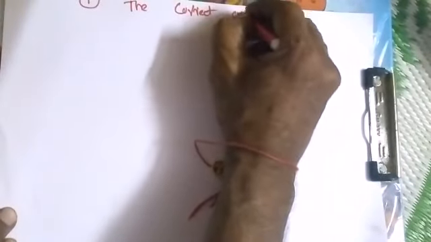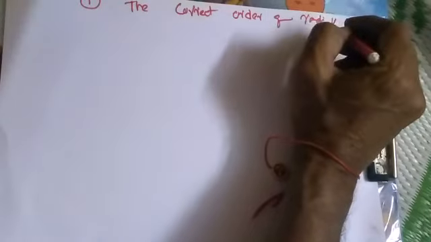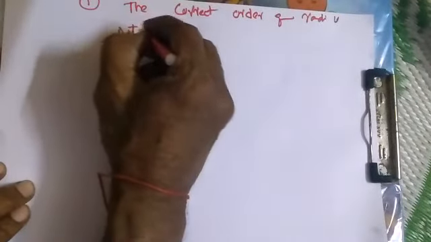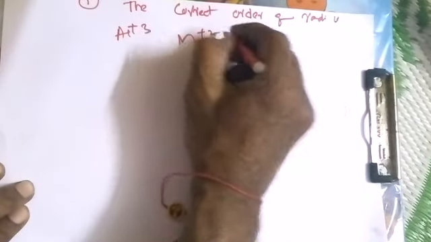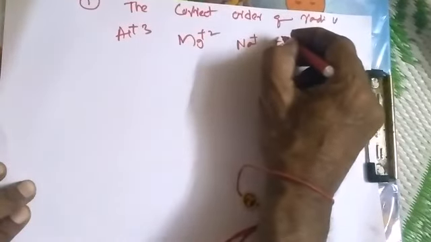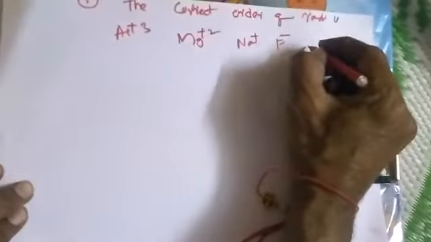One is the correct order of radii: Al plus 3, Mg plus 2, Na plus, F minus, O minus 2.